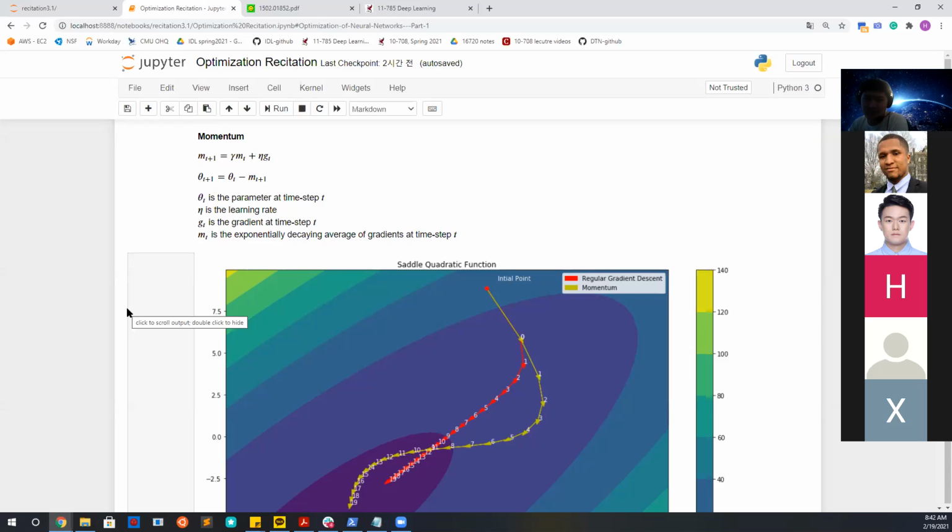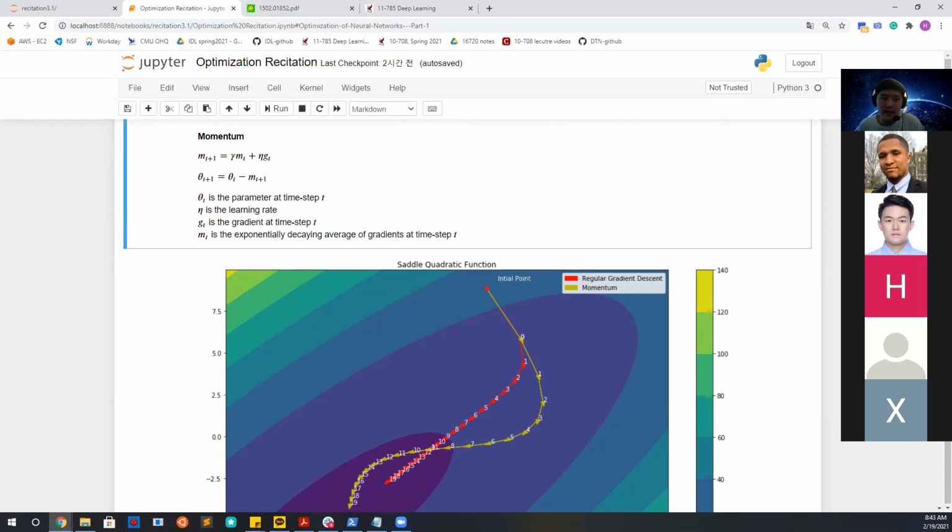I think this one is in appendix 3.5.3 or something in your homework 1 part 1. Basically, what momentum is doing is keeping a weighted average of your gradient, and it uses that momentum value to update your parameters.